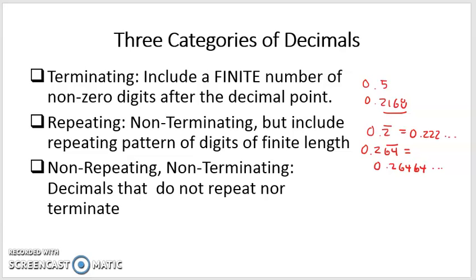All right. The last category of decimals is the other category. If it's not a repeating decimal and it's not a terminating decimal, then it's simply called non-repeating, non-terminating. You can actually find some patterns like this.